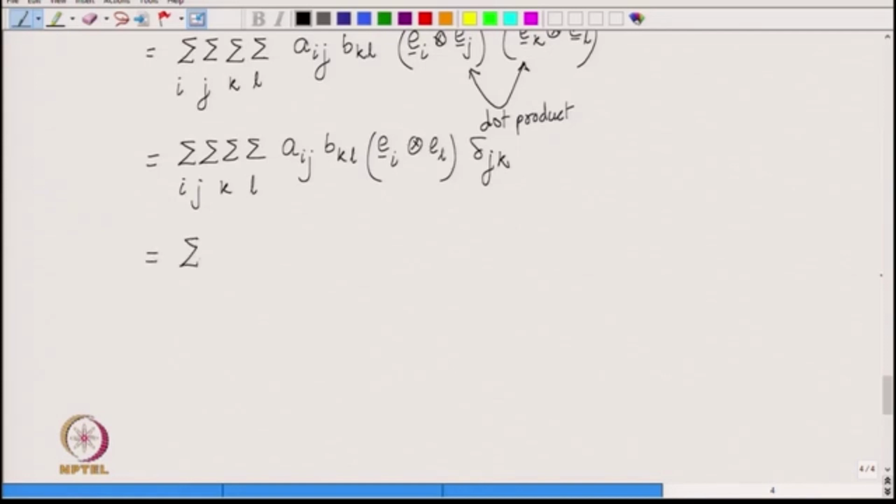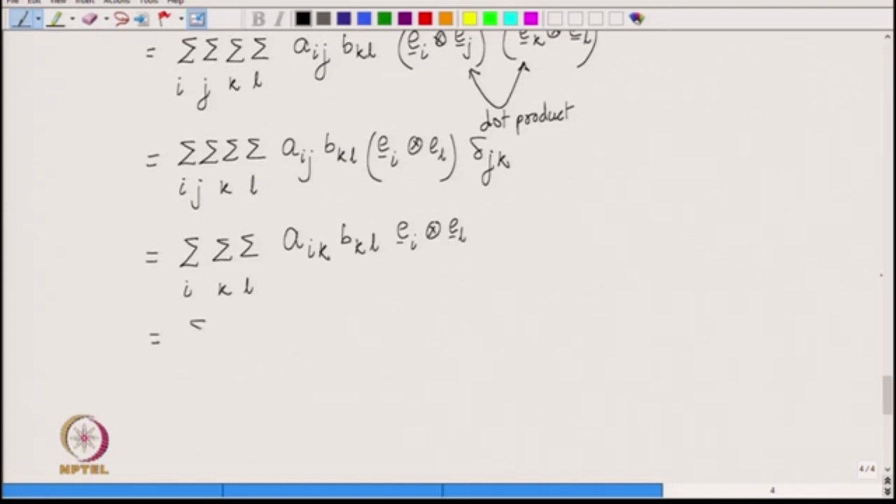So, we have triple summation over i, k, l of A_ik, because j gets replaced with k, B_kl, E_i tensor product E_l, correct.